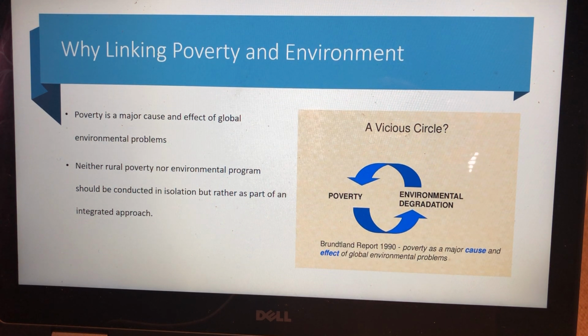Why is it that the poorest communities are also the most polluted? That alone can give us an indication of the connection between poverty and the environment. The relationship between social and environmental sustainability is intertwined.